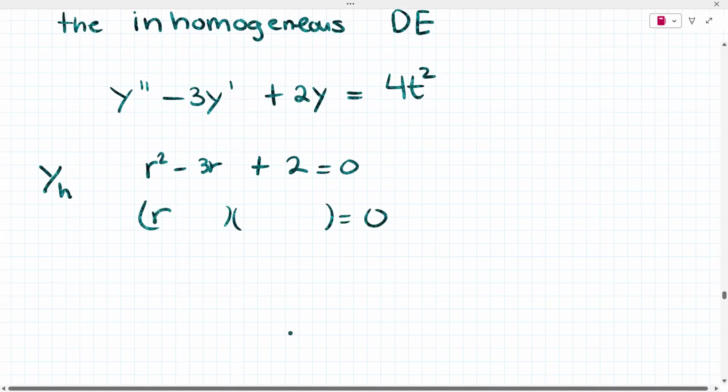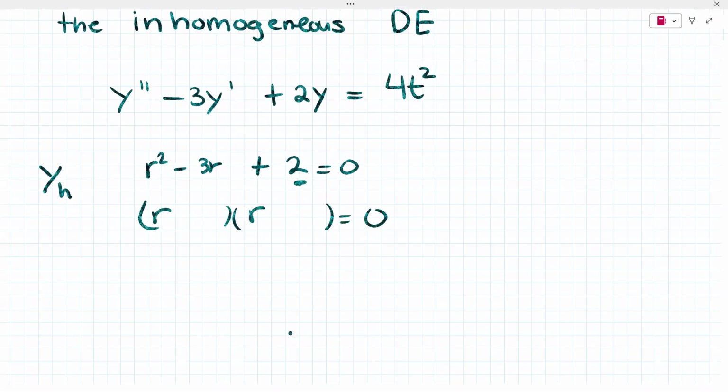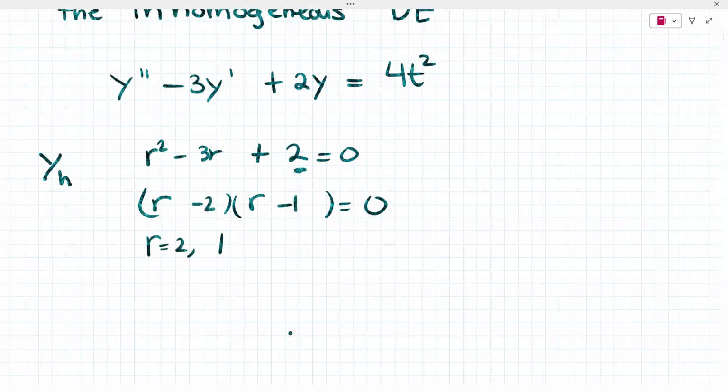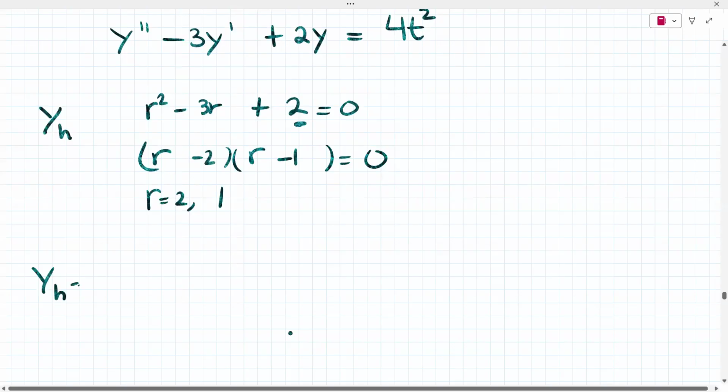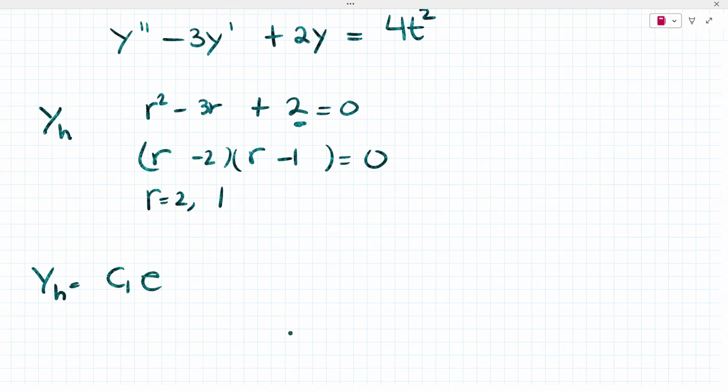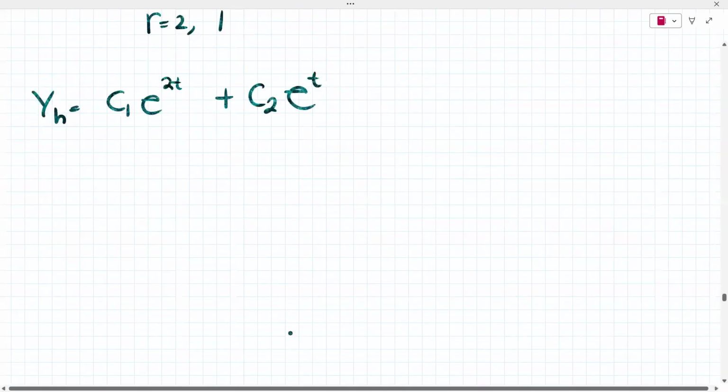It's going to be r, and then what two numbers multiply to 2 and add to give you -3? -2 and -1. You get r equals 2 and r equals 1. So your yh is going to be c1 e to the 2t plus c2 e to the t.